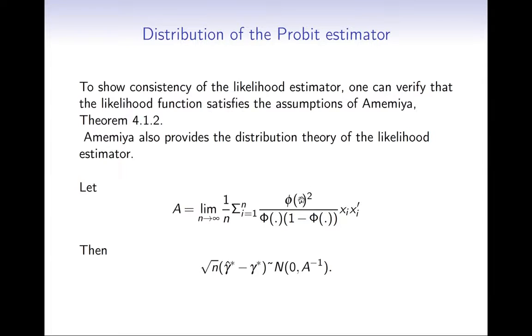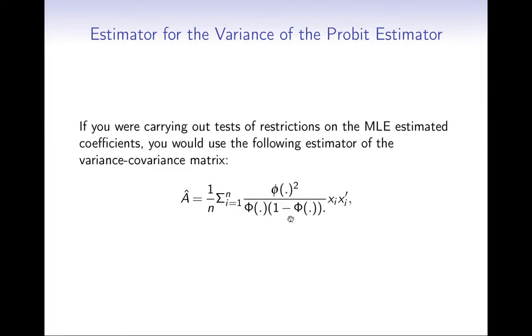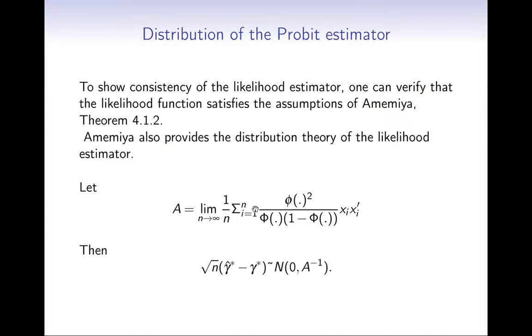Once you have that gamma star parameter, you can form this matrix. So this would be the corresponding estimator. This is actually A hat.